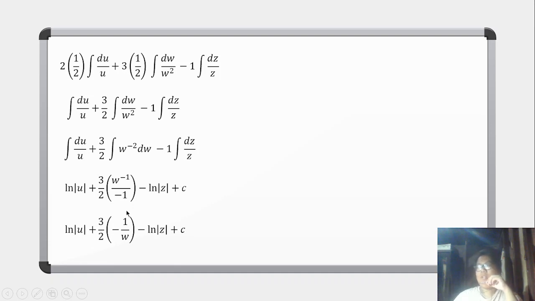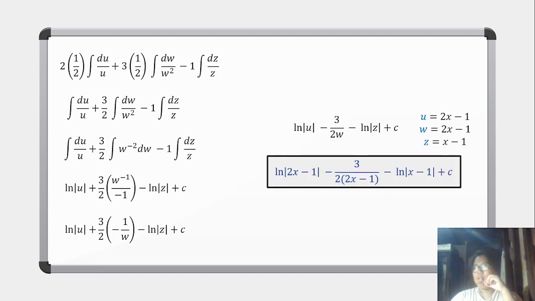And we're going to rewrite this one as negative 1 over w here, and so multiplying 3 over 2 and negative 1 over w, that is negative 3 over 2w, and substituting our u, w, and z values that we used to substitute, we arrive with our final answer, which is ln of 2x minus 1 minus 3 over 2 quantity 2x minus 1 minus ln of x minus 1 plus c.